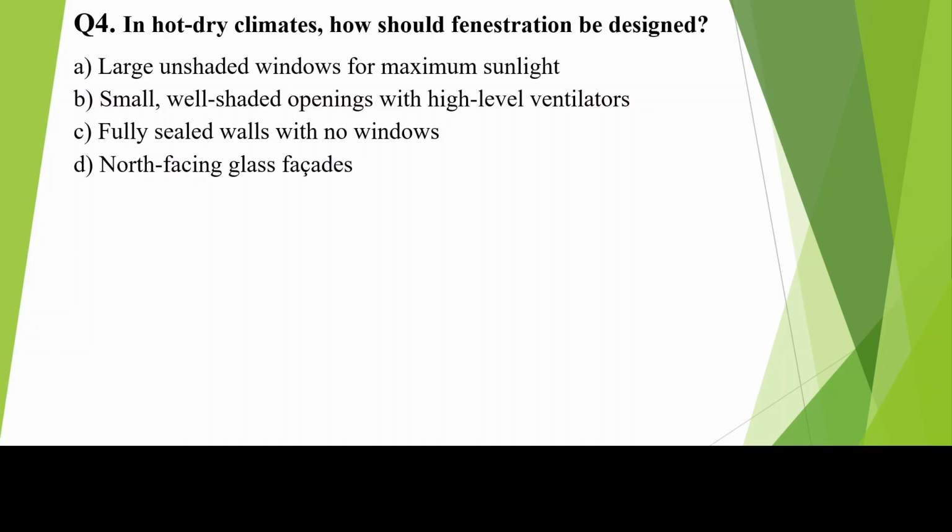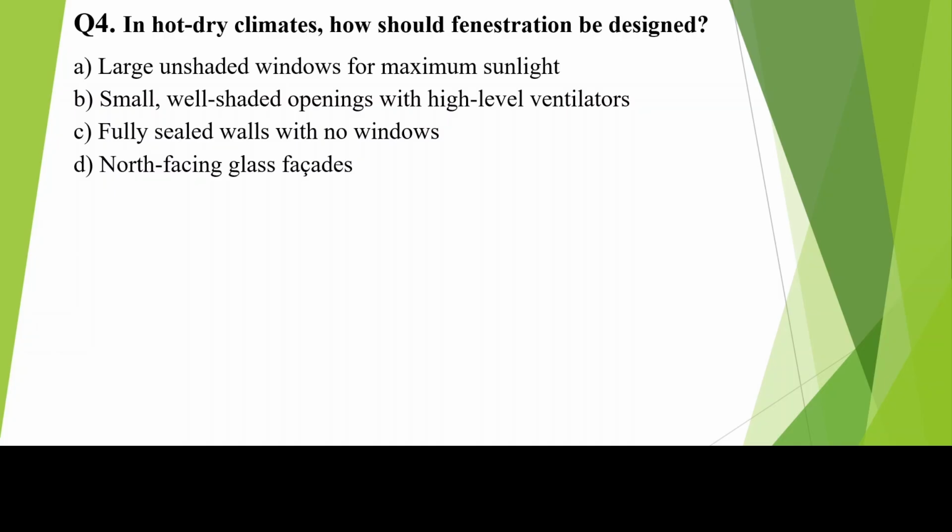High level vents will also help hot air to escape, while cool air remains at the occupant level. So the fenestration design mentioned in option B is the correct answer, and it will help you provide comfort to the occupants.